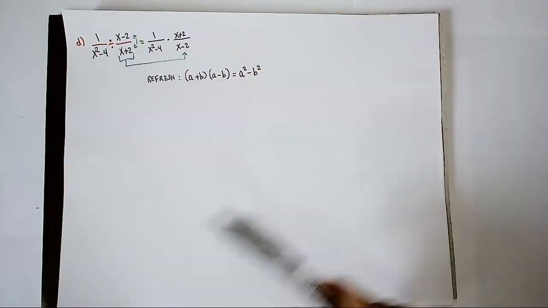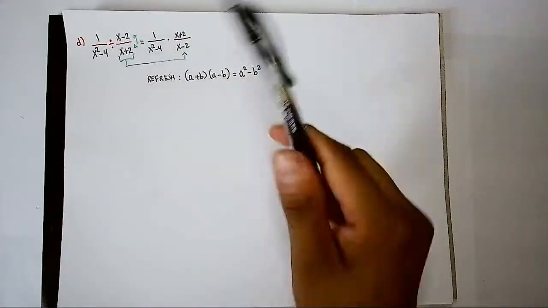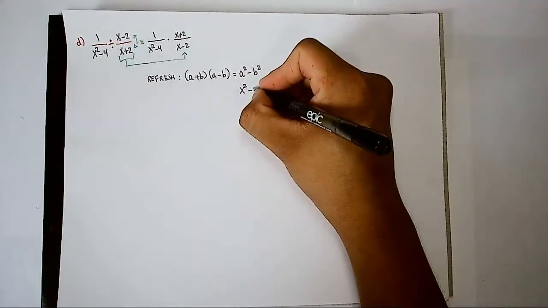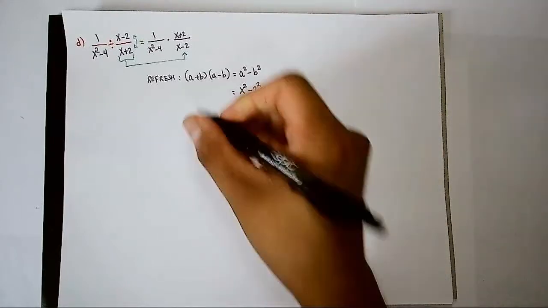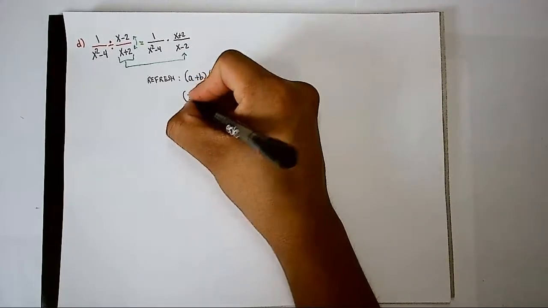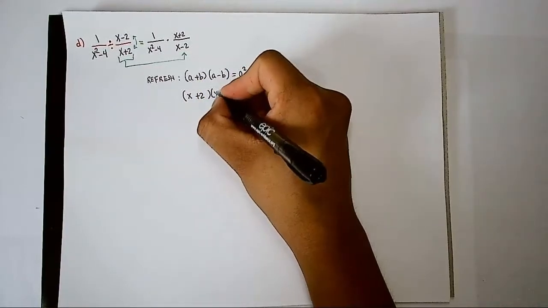The reason why I brought this up was because we have here x squared minus 4, which is x squared minus 2 squared. Therefore, we can express this into two factors: x plus 2 times x minus 2.